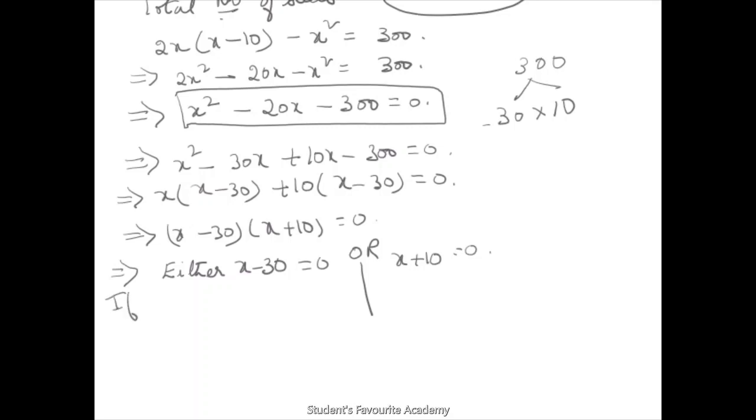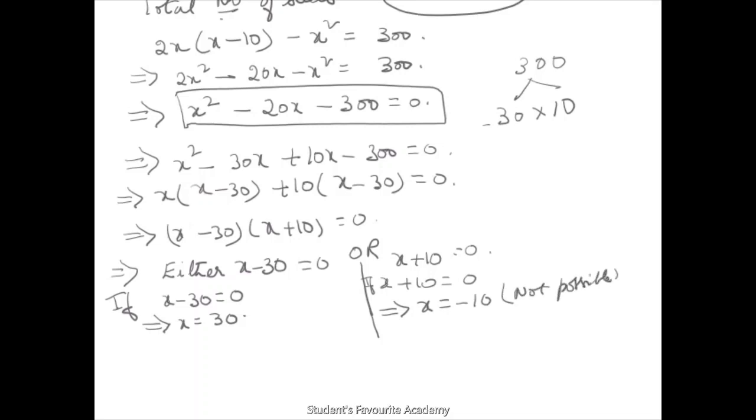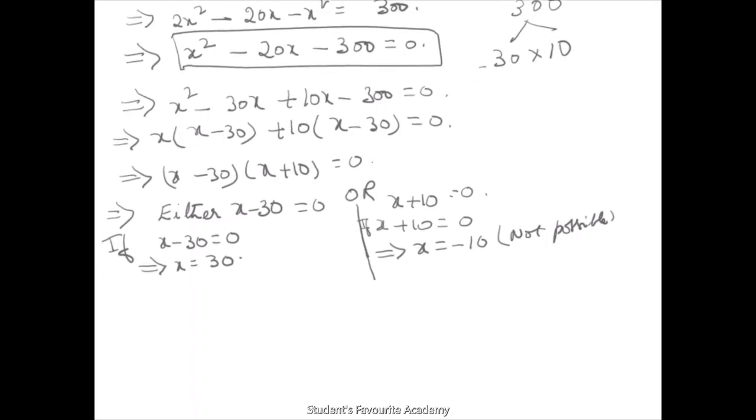Now if x minus 30 is equal to 0, it implies x is equal to 30. Now if x plus 10 is equal to 0, which implies x is equal to minus 10. This is not possible. Okay.